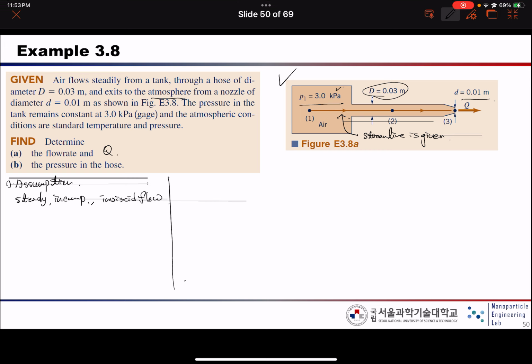And in that case, we can use the Bernoulli equation for points 1, 2, 3, right? So let's apply the Bernoulli equation. P1 plus, so I will quickly write the Bernoulli equation.